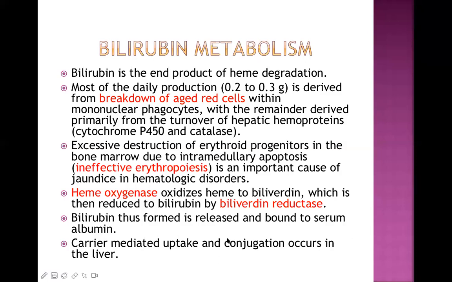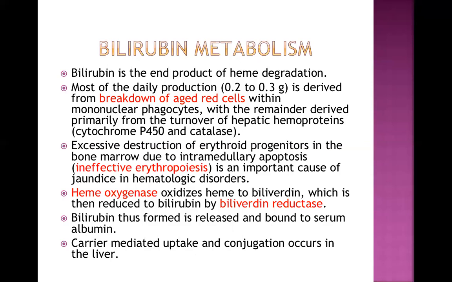Now bilirubin is formed. This bilirubin is released into the blood. This bilirubin is known as unconjugated bilirubin, because till now conjugation has not occurred. This bilirubin will bind with albumin and travel in the blood. Now this albumin-bilirubin complex will travel towards the liver.